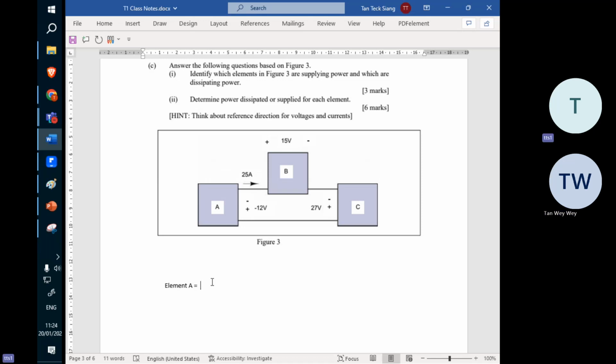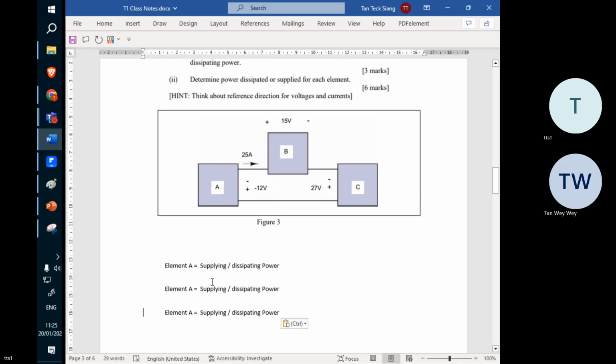Supplying or dissipating power. Choose one. Same for element B and C. Please don't answer, right? I hope I'm not confusing you. I'm just showing you how to answer this question.